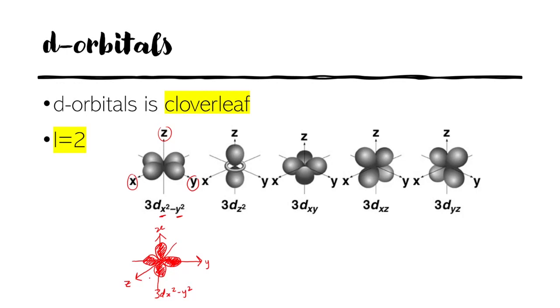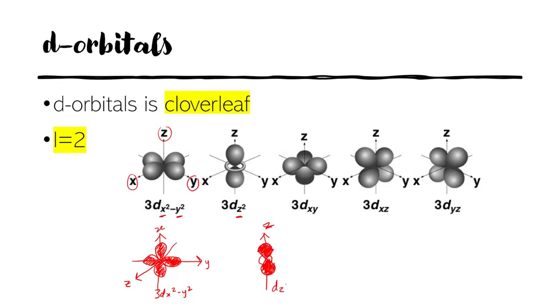To make it complete 3D, just put z here. So easier now, right? The same thing for dz square: draw the axis z. It doesn't matter how you draw the axis. Let's say I draw the axis z like this, and draw the shape like this with a ring. Remember to shade it until everything becomes black.